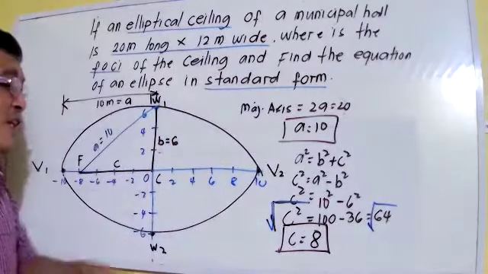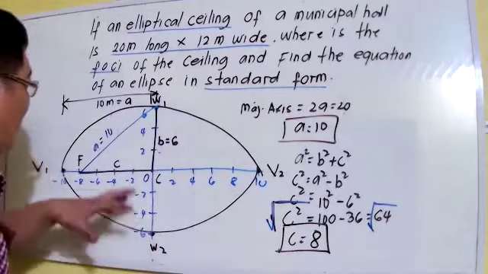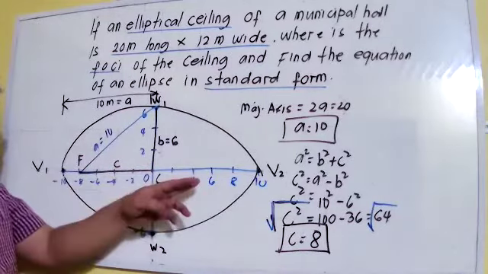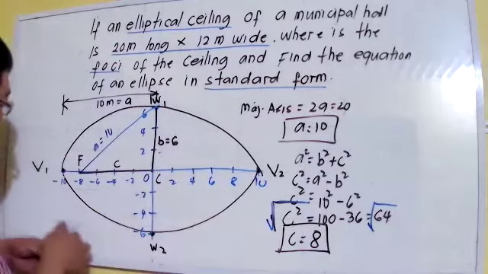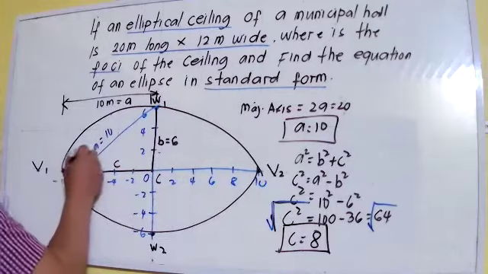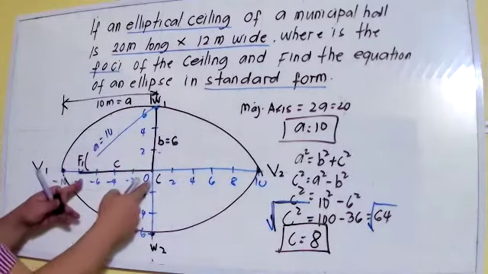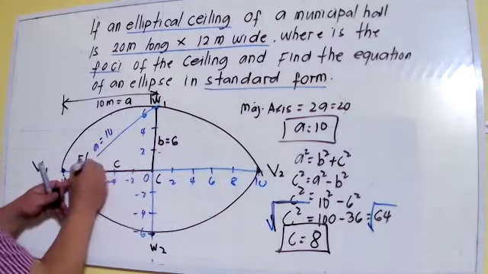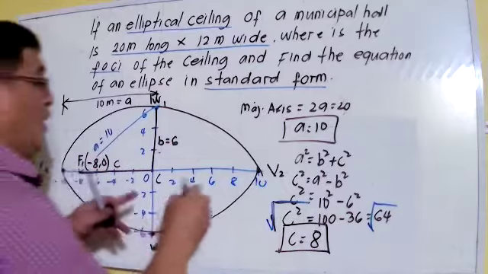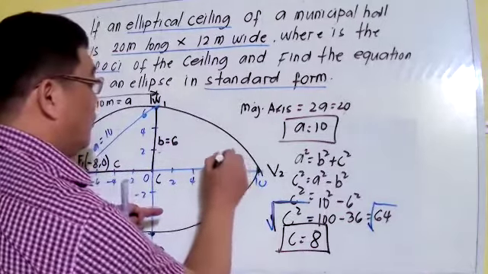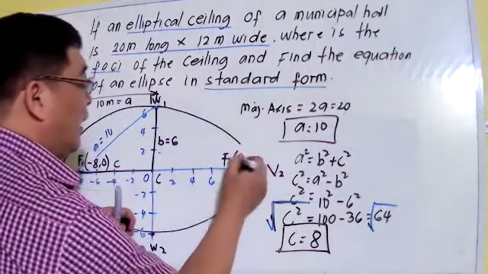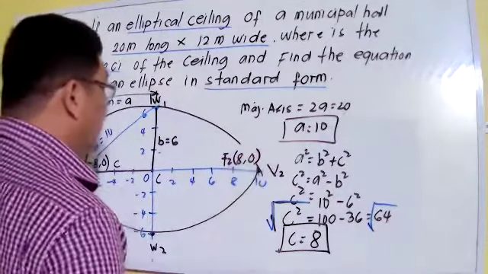Now, alam natin na c is equals to 8 and c is the distance from the center to foci. So, if c is equals to 8, we have here f1 at negative 8, 0 dito sa left. And dito naman, f2, we have 8, 0.